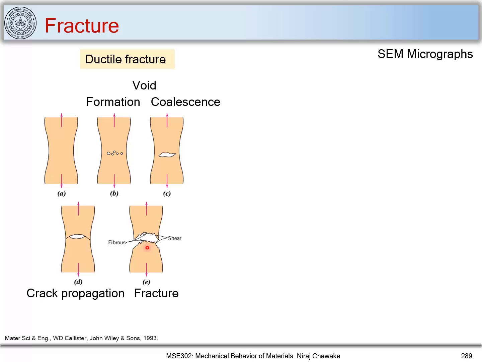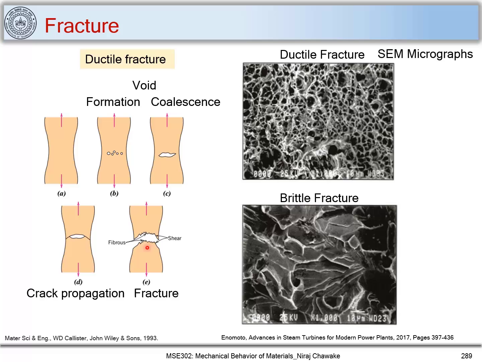Now let's look at some SEM micrographs. For a ductile material, you can see such voids formation, and these voids are called dimples. This dimpled surface indicates the material would have failed in a ductile way.